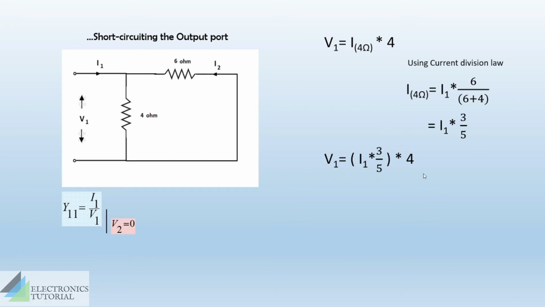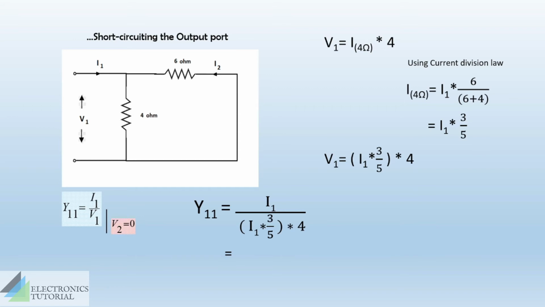Just have a close look on this expression. V1 is now expressed in terms of I1. The expression for Y11 is I1 by V1. The numerator is I1 and now our denominator has also become in terms of I1. When substituting, we can write it as I1 divided by I1 into 3 by 5 into 4.